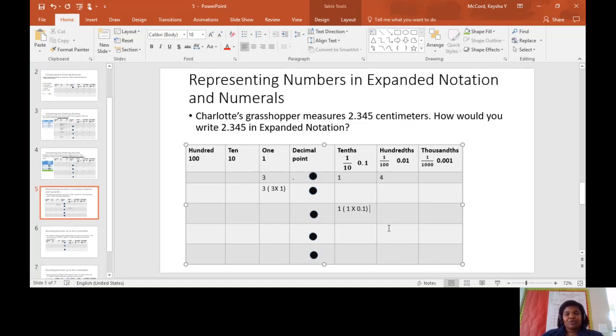And then I'm going to do 4. And this is going to be 4 times 1/100th. And again, if I would like, I can write the decimals as fractions.